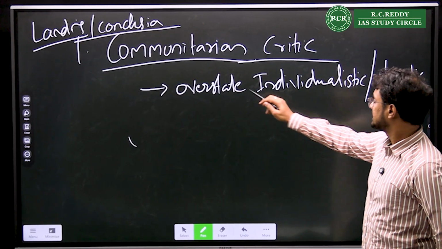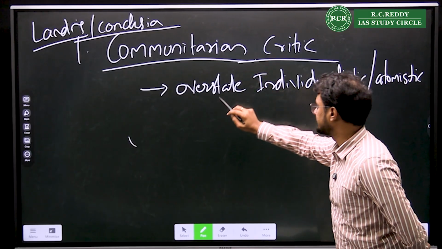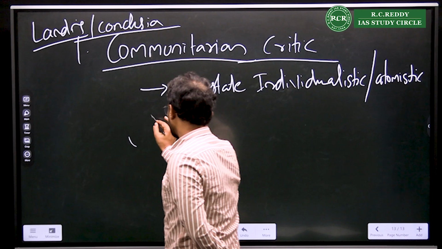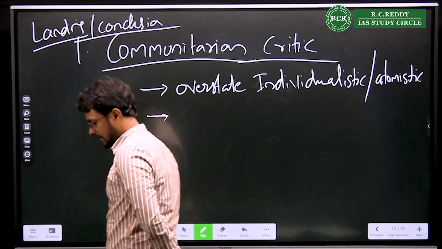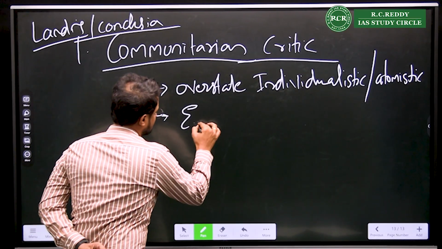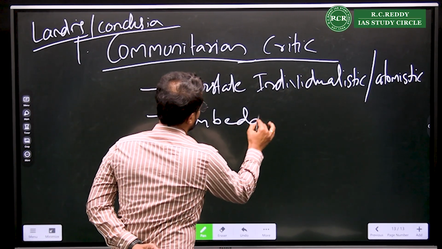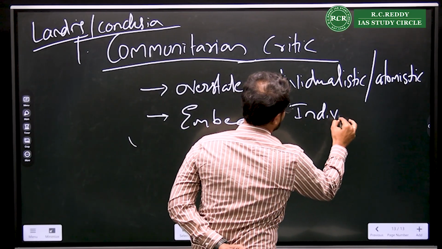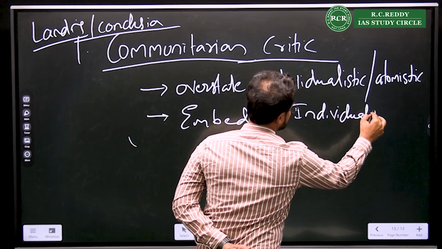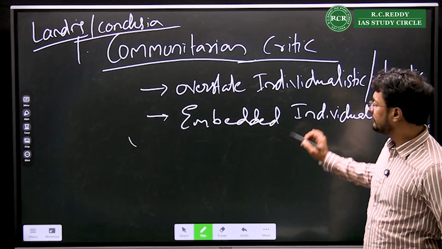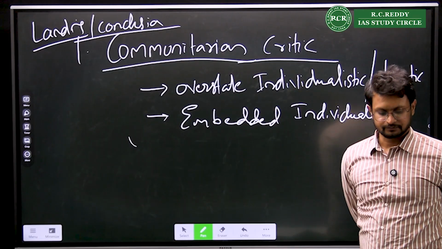Right? The communitarian criticism says they overstate individual or atomistic thought. This concept is very importantly known as embedded individuals. The communitarians say individuals are culturally embedded and cannot be dealt with as atomistic individuals. Right? So this is a very important criticism.